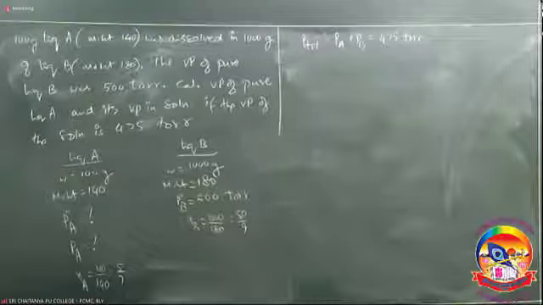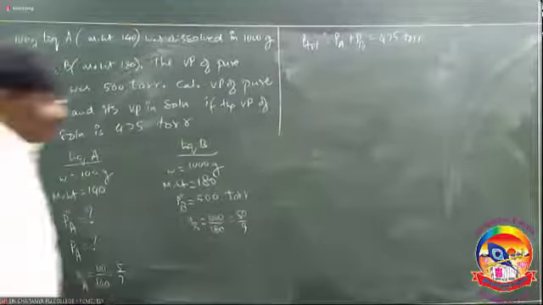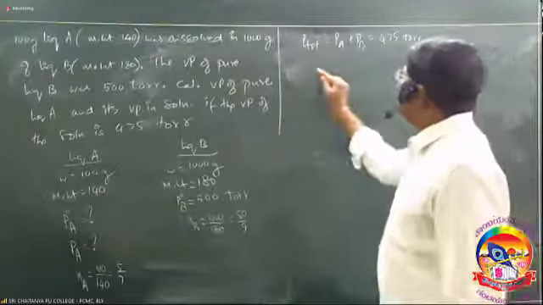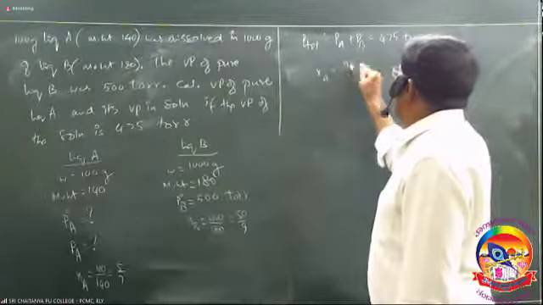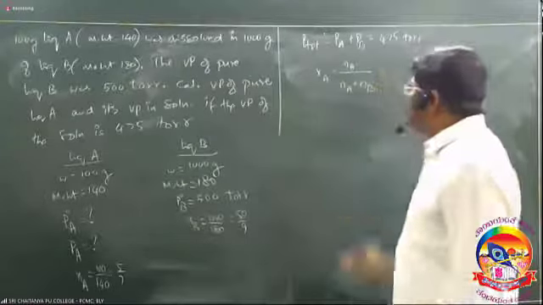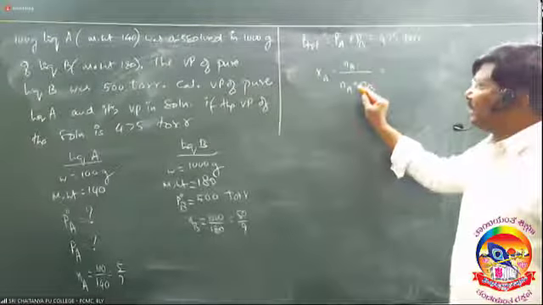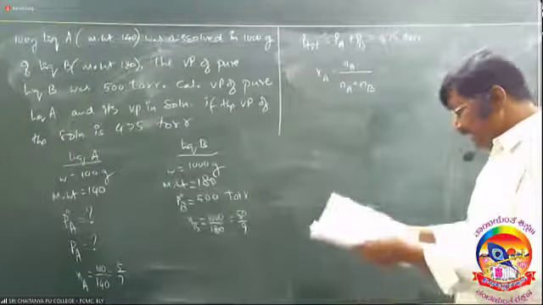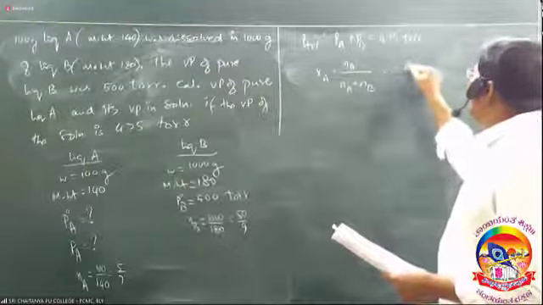So NA and NB are known, and you calculate XA. XA is equal to NA by NA plus NB. The value will be 0.114.